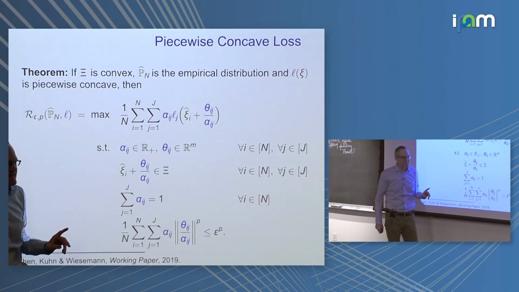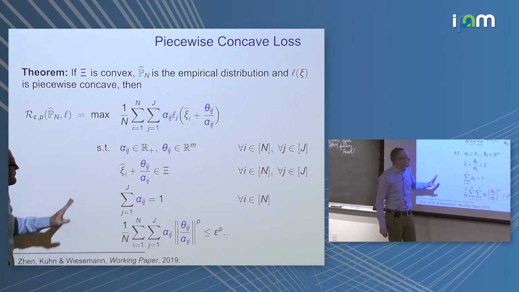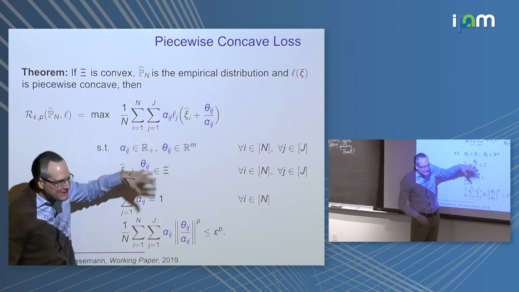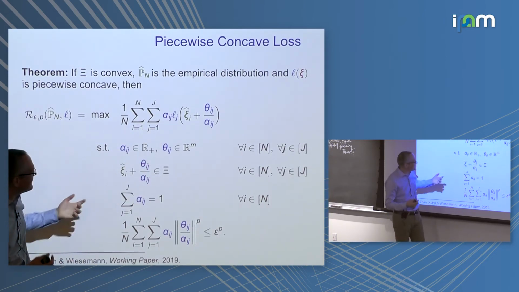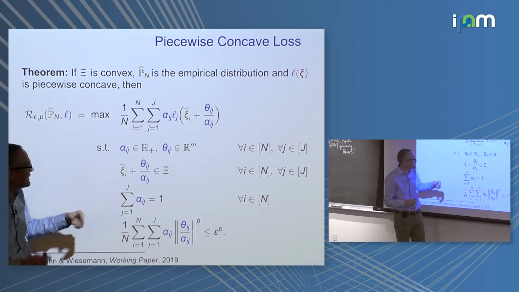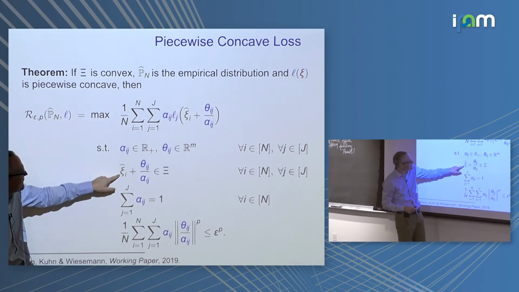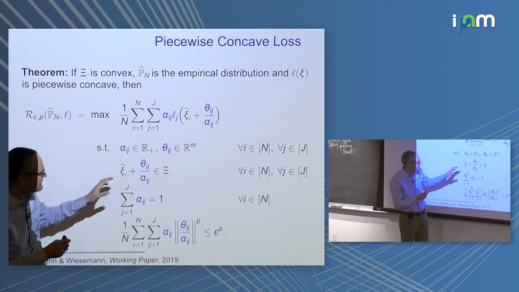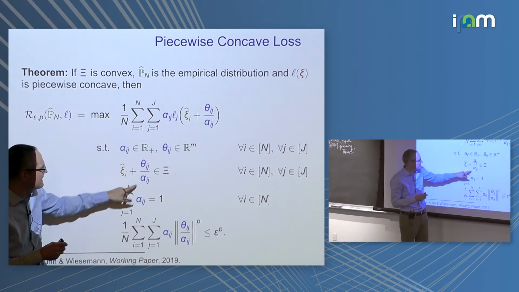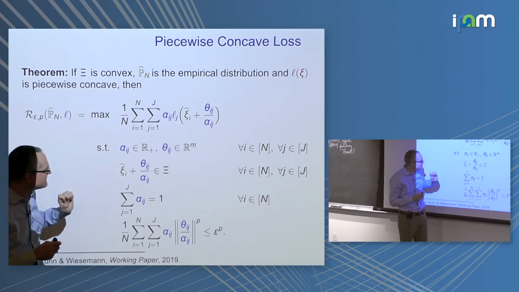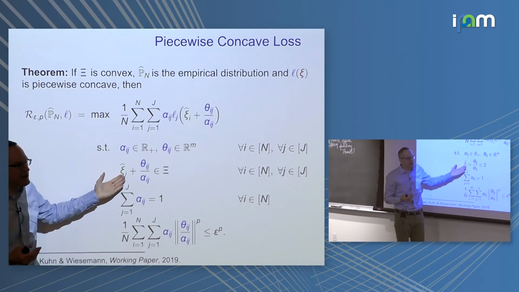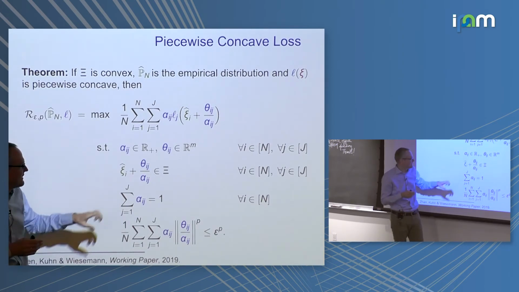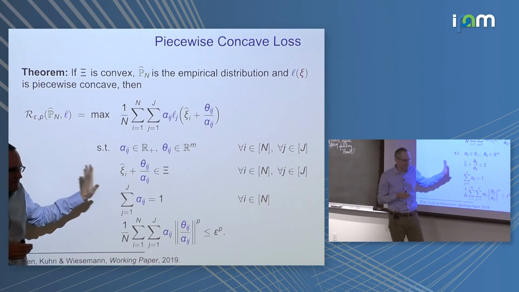You see the alpha ij's are sort of the probabilities of the worst case distribution that we obtain, and the discretization points are the locations of the original training samples plus these fractions. These are vectors, but there is one for each j in principle, and these are the probabilities. And in principle, you could have as many as number of samples times number of concave pieces. So that's all this theorem gives us.